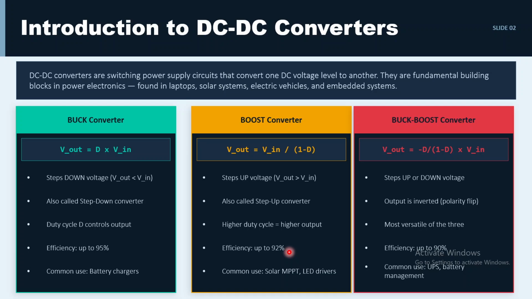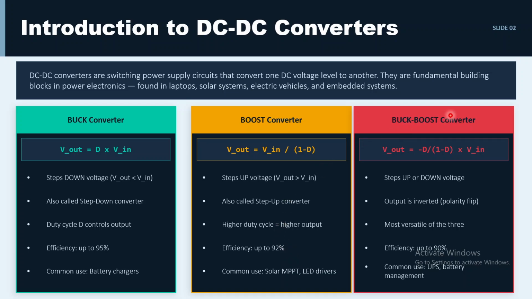If the sunlight varies regularly, the output voltage will also vary. When there is low sunlight, it generates very low voltage. To step up that voltage, we use boost converters in the solar panels. So that is about buck converters and boost converters.